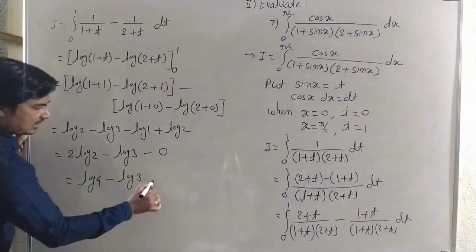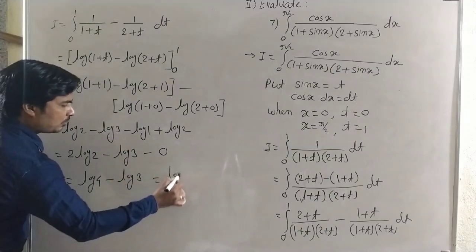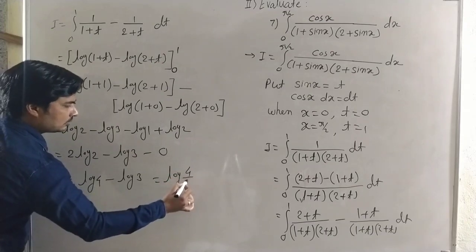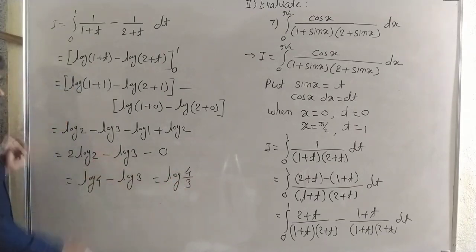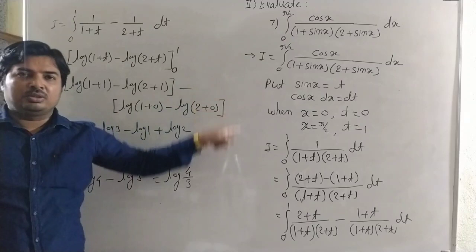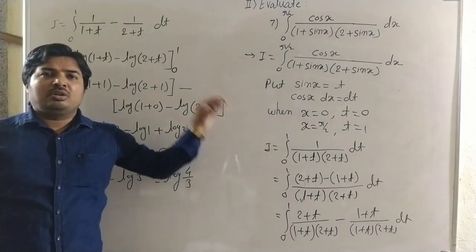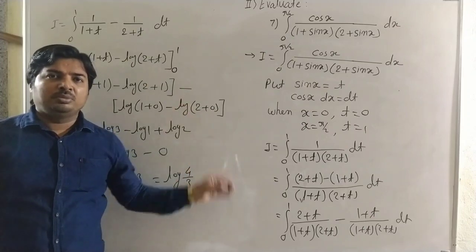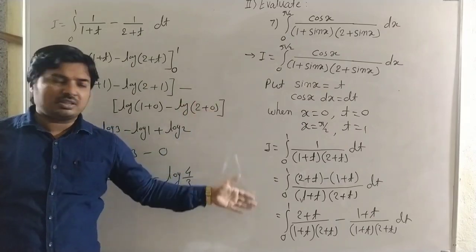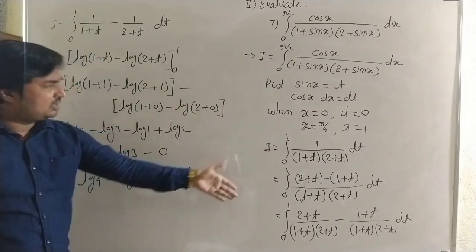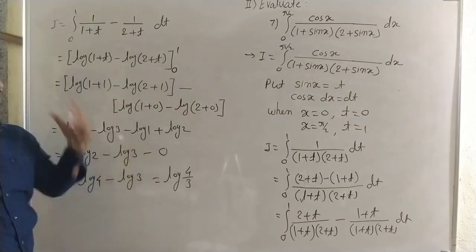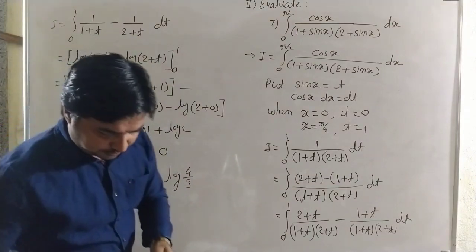Okay, and the last answer, again we use the property of logarithm, log 4 by 3. It is the last answer of this question. Okay, here this integral we can solve by any one method out of 3 methods, completing square method, partial fraction, or this method. Okay, this is also a partial fraction. Okay, now we see next example.